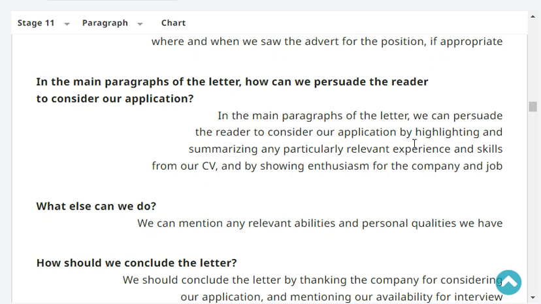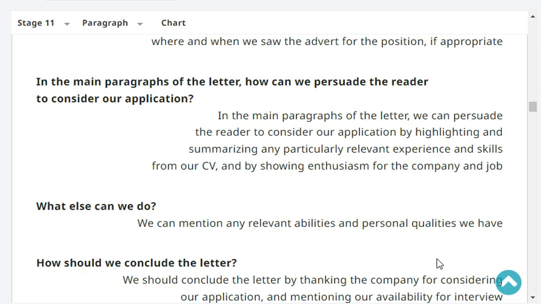In the main paragraph of the letter, we can persuade the reader to consider our application by highlighting and summarizing any particularly relevant experience and skills from our CV, and by showing enthusiasm for the company and job. Very good, one more, enthusiasm.